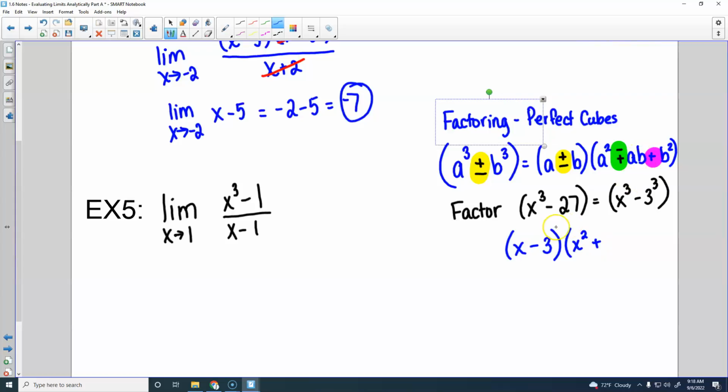What is a times b going to be for this problem? 3x, because our a is x, our b is 3, plus b squared. So I'm going to write it this way, 3 squared, because our b is 3, but you could have skipped to x squared plus 3x plus 9 there.